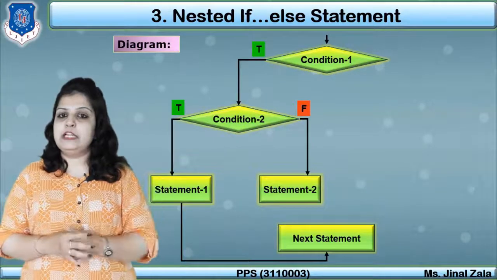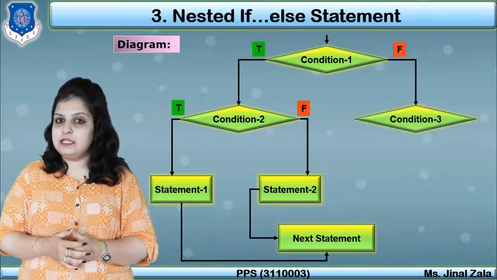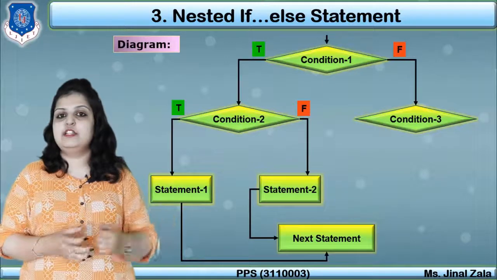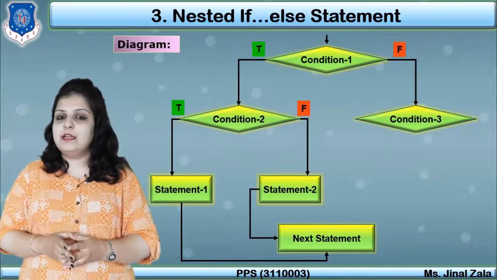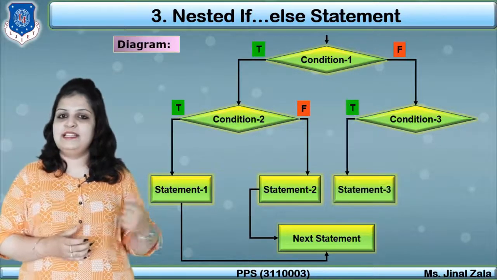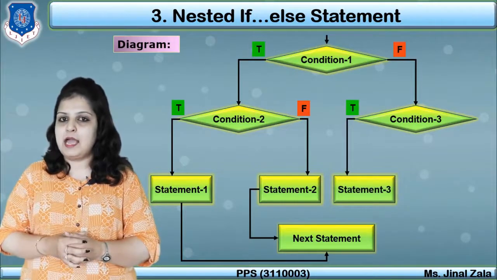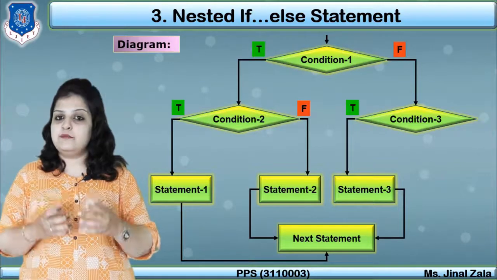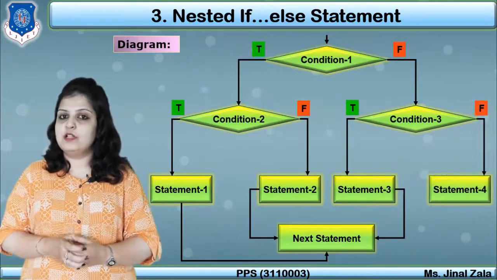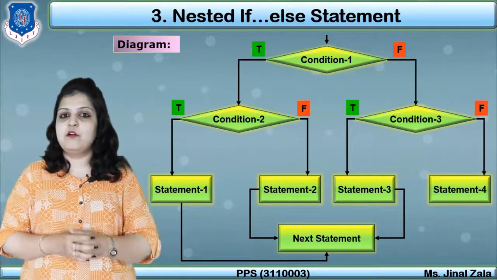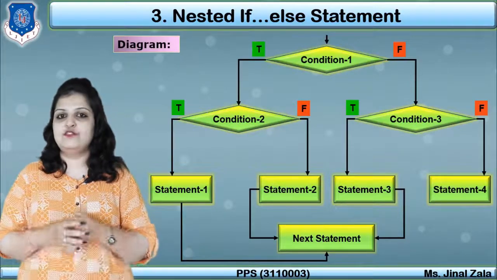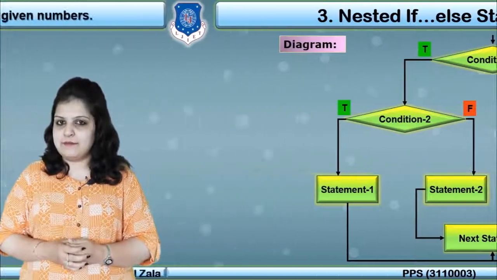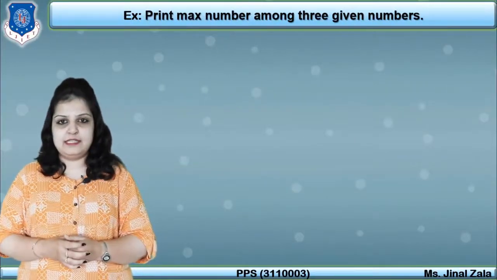And if our condition 1 is false, then the other condition which is available in the else part, that is condition 3, will be checked, and if this condition is true, then statement number 3 will be executed and control goes to the next statement. But if the third condition is also false, then statement number 4 will be executed and control goes to the next statement.